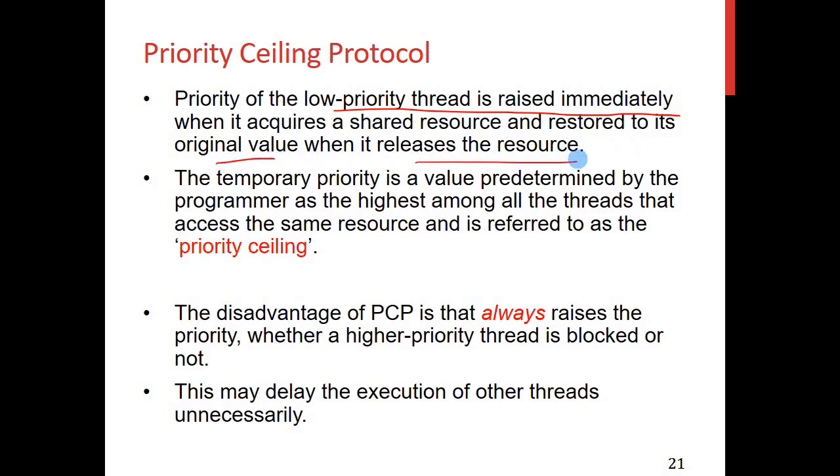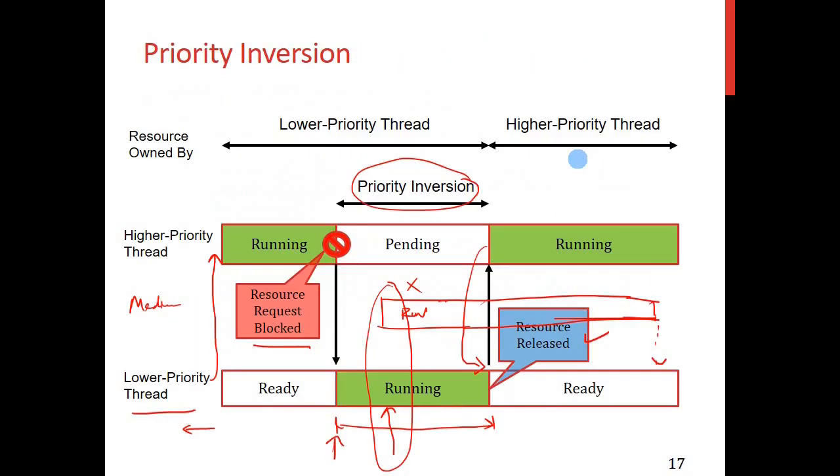Coming back to the same picture, that means I do not wait for this event to occur. At some point earlier on, the resource was owned by the low priority thread, correct? So at that point, when the resource was owned by the low priority thread, I would have already raised it to match.